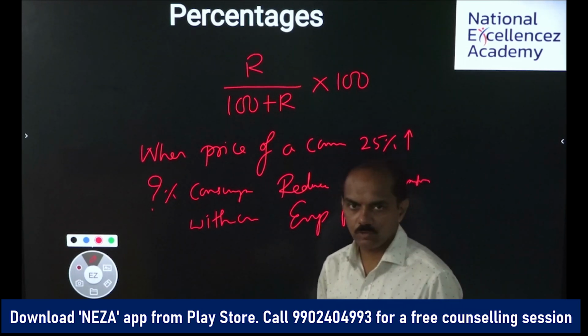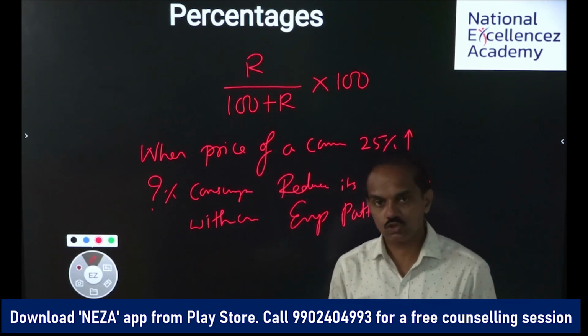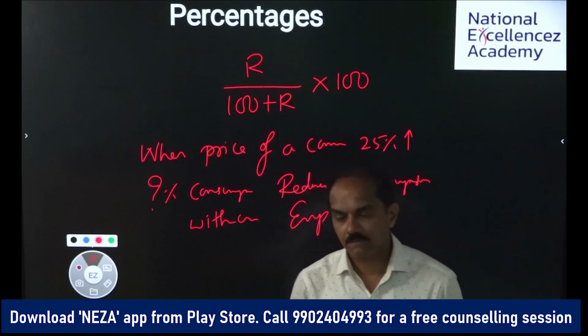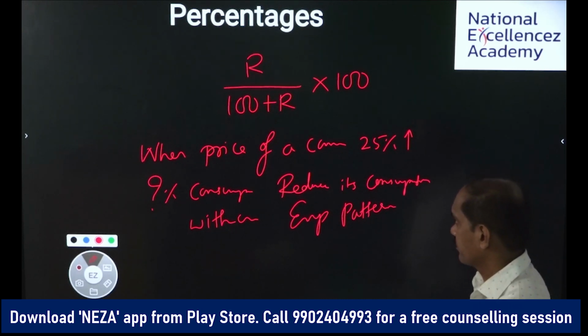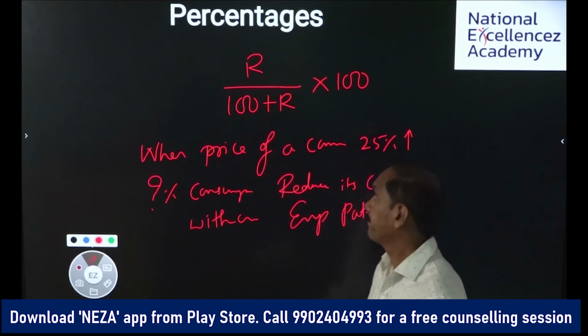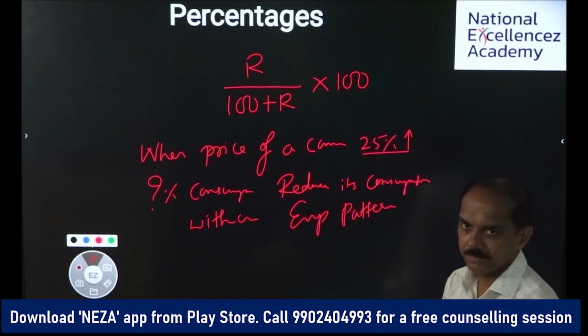When the price of a commodity is increased by 25%, by what percent should its consumer reduce its consumption without changing his expenditure pattern? In this type of problem, you can go with this trick or the formula. So 25% is the hike.